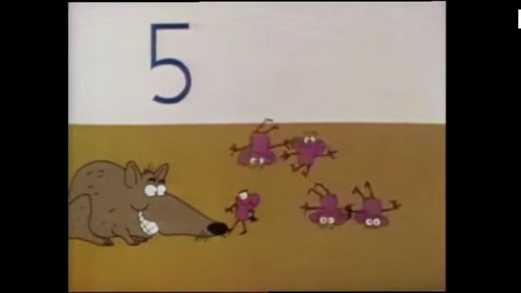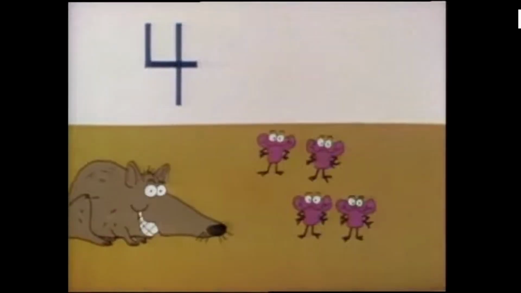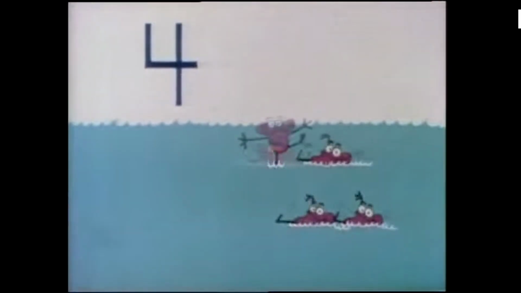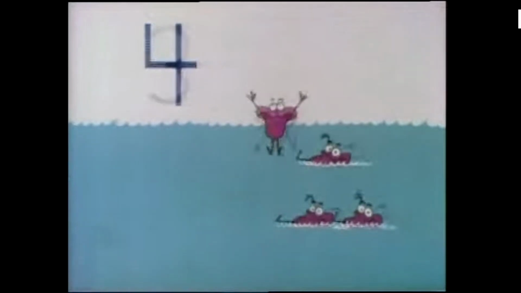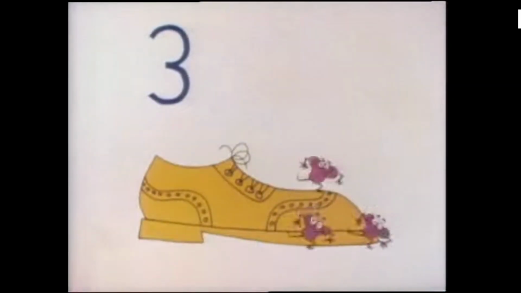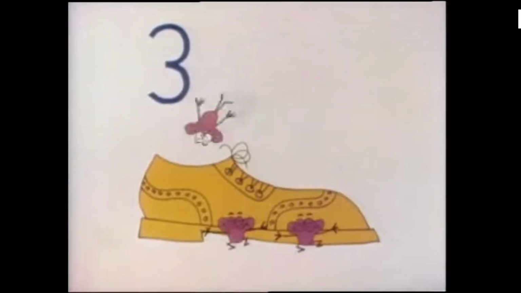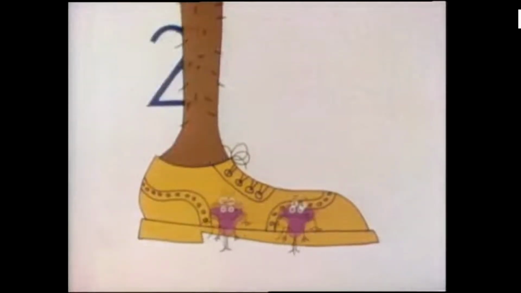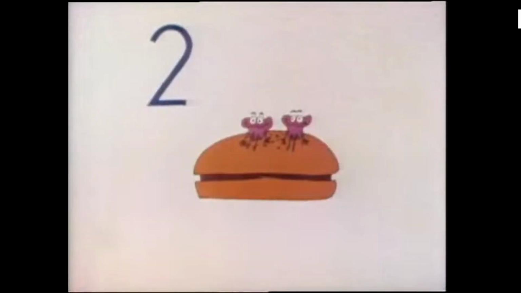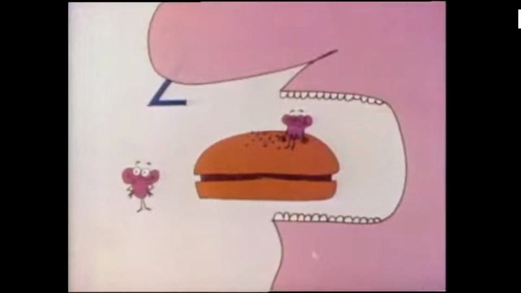One bugged a mouse. Then there were 4. 4 little Greeblies swimming in the sea. One forgot how. Then there were 3. 3 little Greeblies dancing round a shoe. One jumped in. And then there were 2. 2 little Greeblies sitting on a bun. One stayed too long. Then there was 1. 1 little Greebly, missing all his brothers, wished upon a star. And then there were others.